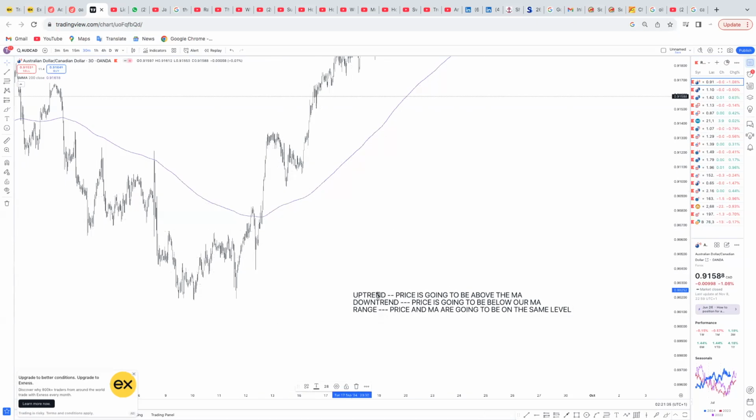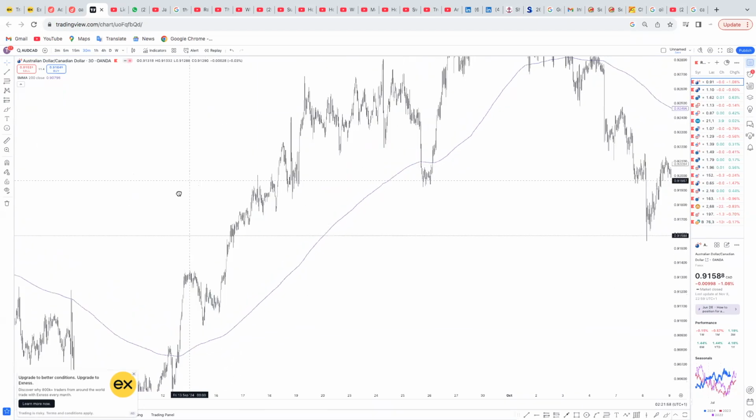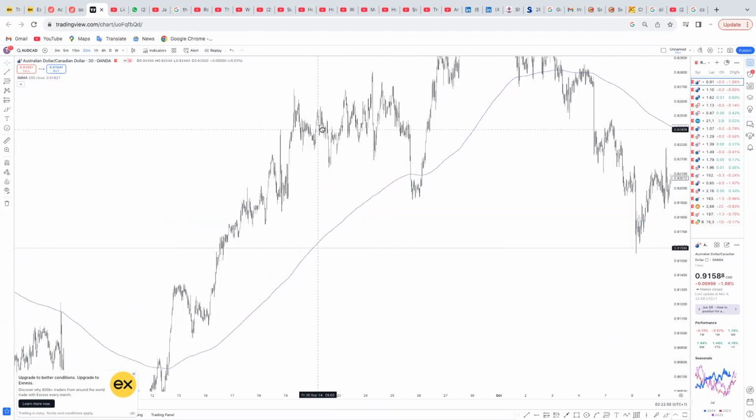So for the moving average, our 200 MA, if we want to find our uptrend, we know that price is going to be above the MA. Where do we see price above the moving average? Right here, price is above, this is our moving average, which is below price. And you can see market keeps going up because it's above the moving average.